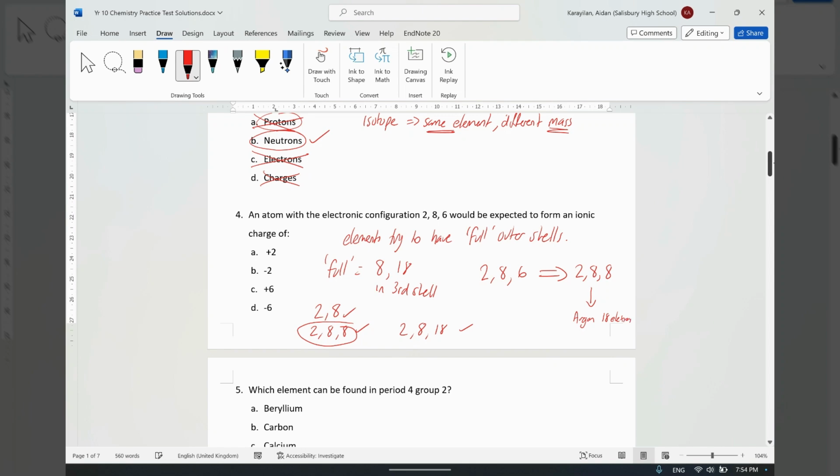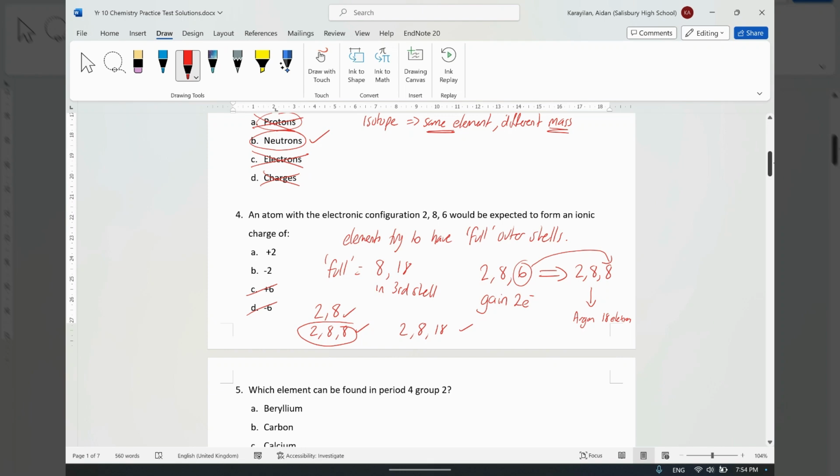We need to gain 2, so we need to turn this 6 into 8. Now if we gain 2 electrons, our ion will have 2 excess negative charges, which first of all is going to knock out these 2 because these involve either gaining 6 or losing 6. So we're left with the +2 or the -2.